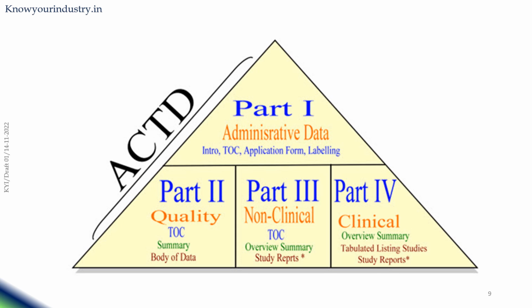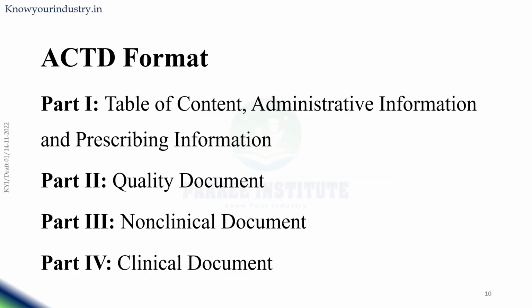Part 2 includes the quality document. Part 3 is about the non-clinical documents, and part 4 is for clinical documents. As we have seen in the triangle, this is the ACTD format which has four parts.